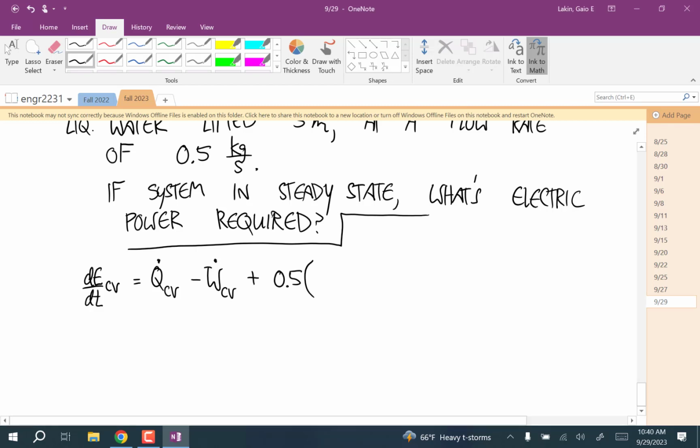Well, let me just start writing stuff out. So h at the inlet, plus v_i squared over 2 plus g z_i, minus 0.5 times the quantity h_e plus v_e squared over 2 plus g z_e.